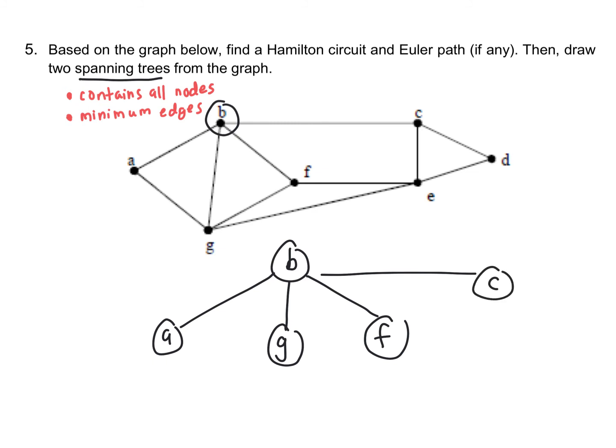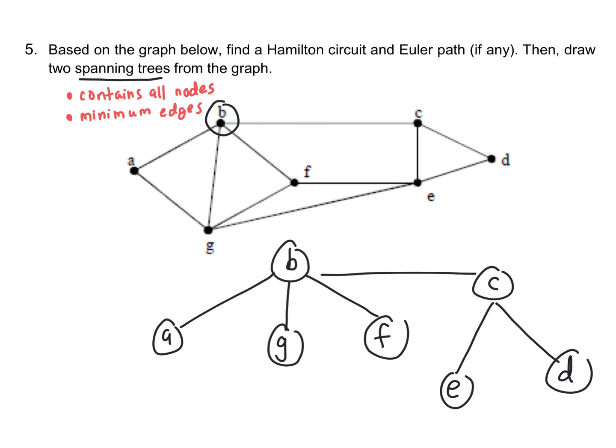Okay, whereas we miss E and D, right? So we have 1, 2, 3, 4, 5, 6, 7. Okay, so this is one of the spanning trees.